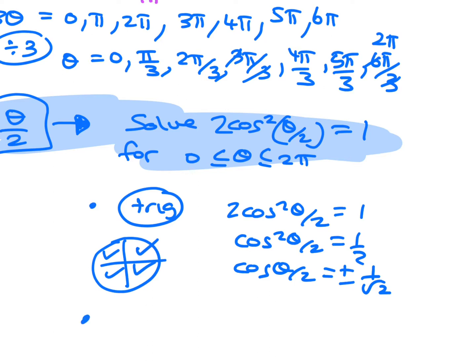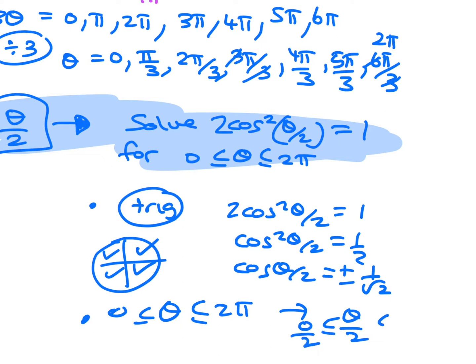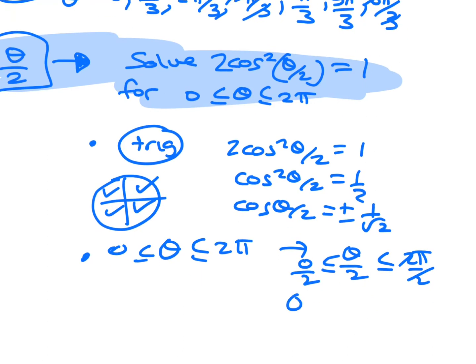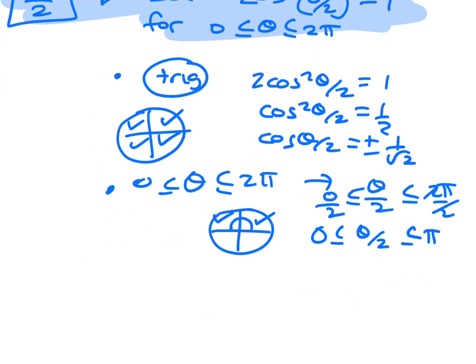But there's a little bit of an issue here because theta is normally in between 0 and 2 pi. If you just check your boundary, that would mean 0 on 2, theta on 2, and 2 pi on 2. So the 2's go out. So 0 is in between theta on 2 and pi. What that now does is it just reduces it to those first 2 quadrants.